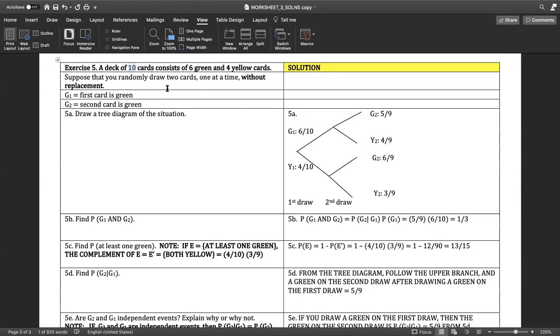But in this experiment, we're not going to replace the first card back into the deck. We're going to keep it out, right? That's what you would normally do when you draw cards from a deck. Any card that you draw from the deck, you would leave it out. And now you have a deck of 51 cards. I'm talking about a standard deck of 52 cards.